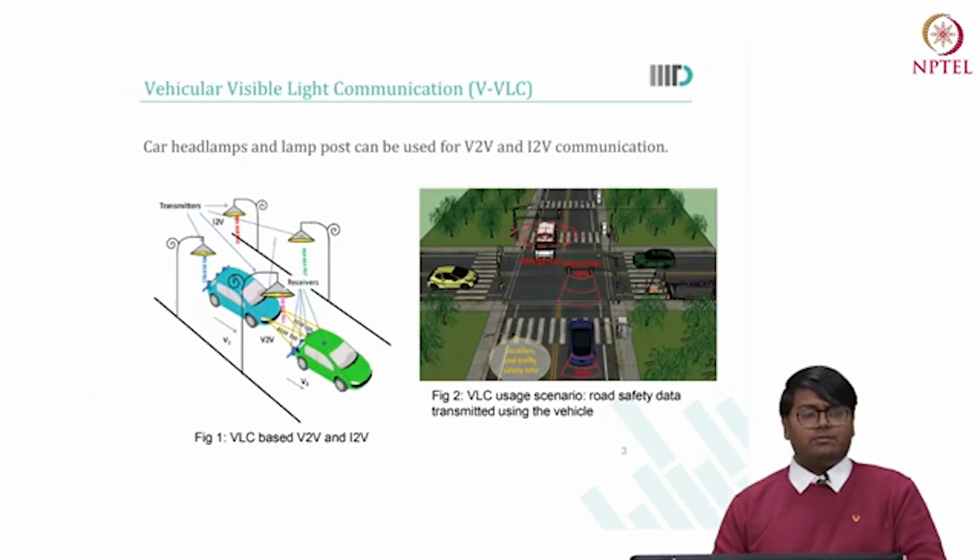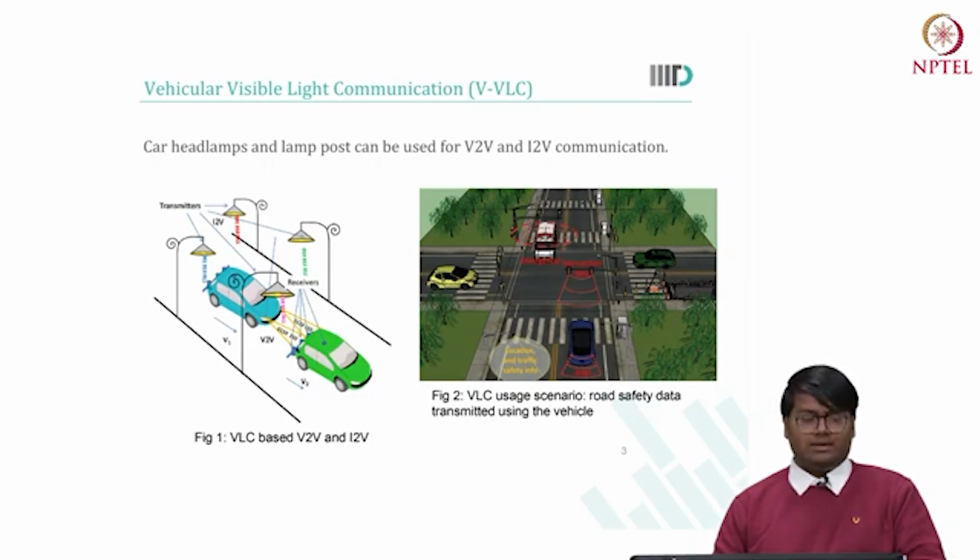Now, vehicular VLC can be visualized as a complementary potential candidate to the existing RF technologies. These RF technologies can be your DSRC, dedicated short range communication, or cellular V2X technologies.